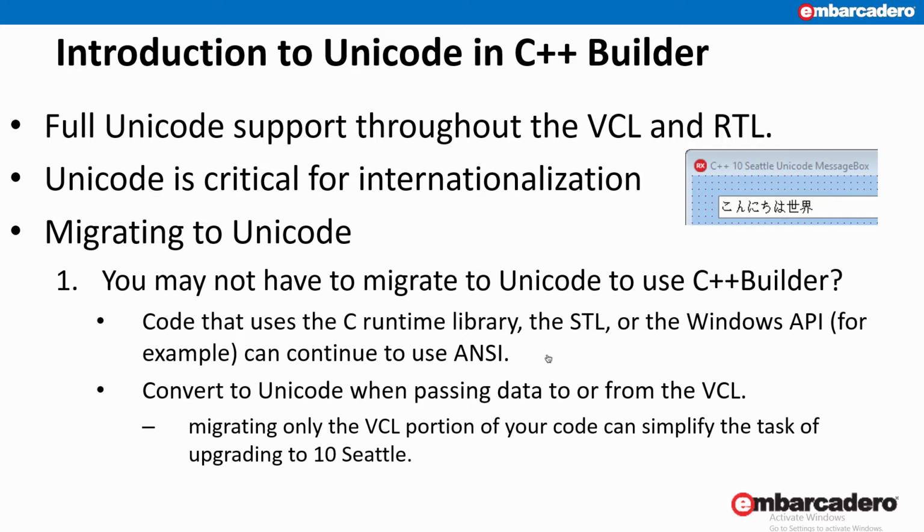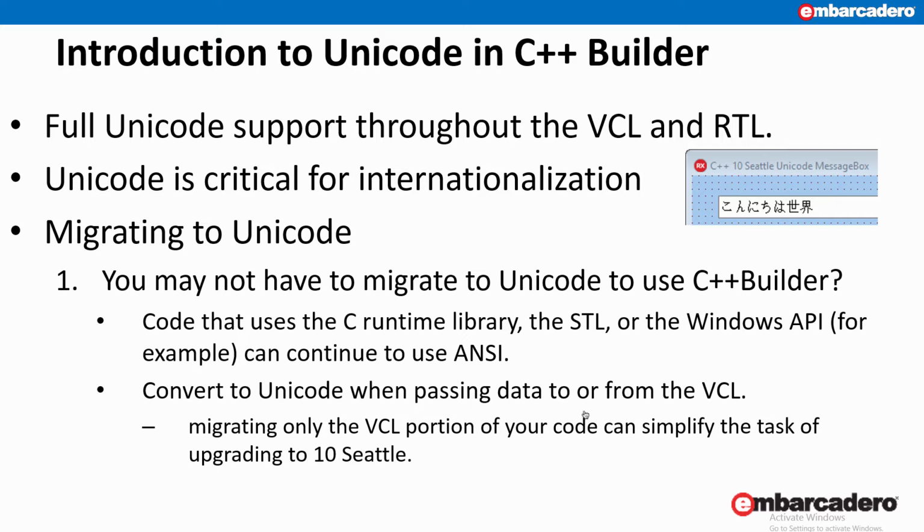Well, C++ is a diverse language permitting the use of many libraries and several programming paradigms. And while your code that uses the VCL does need to be Unicode aware, your code that uses the C runtime library, the Standard Template Library, or the Windows API, for example, can continue to use ANSI and only convert to Unicode when passing data to or from the VCL.